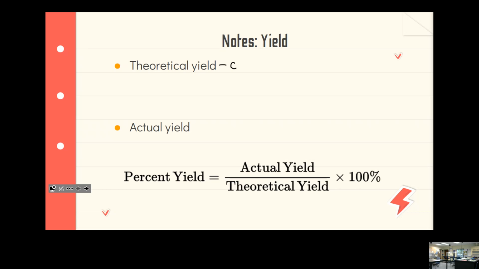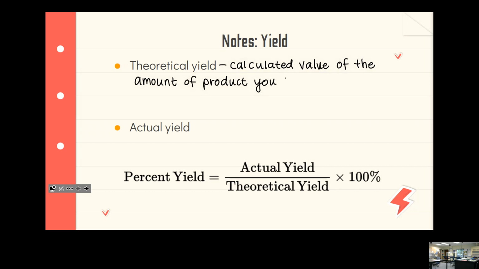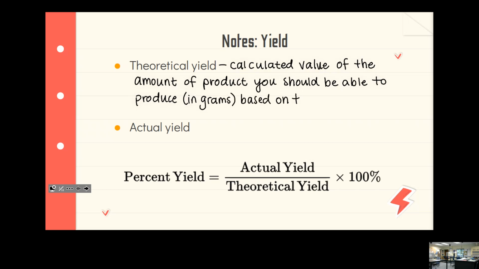So theoretical yield is the calculated value of the amount of product you should be able to produce in grams based on the amount of reactant.